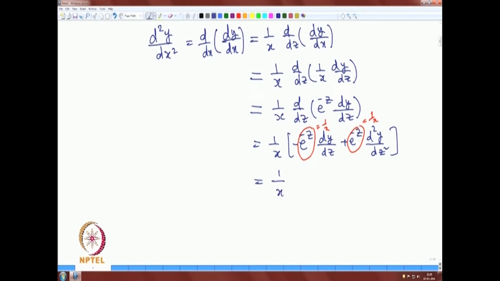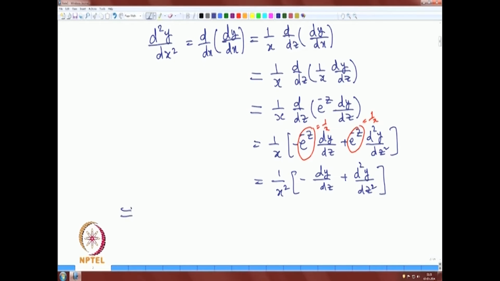This gives 1 by x square into minus dy by dz plus d square y by dz square. Therefore, the second derivative d square y by dx square is 1 by x square into minus dy by dz plus d square y by dz square.